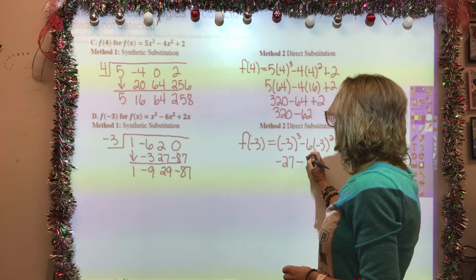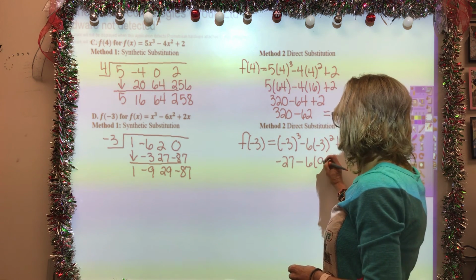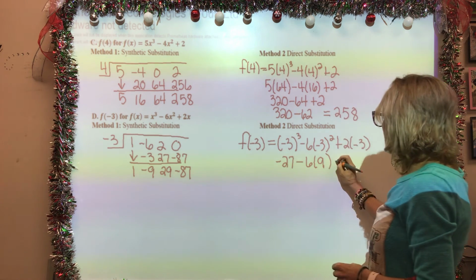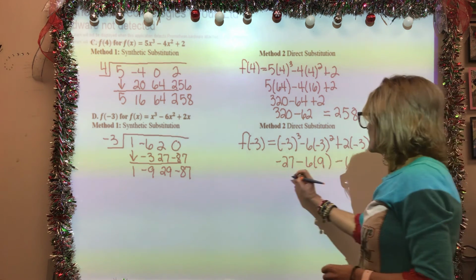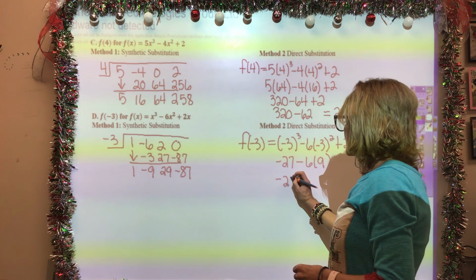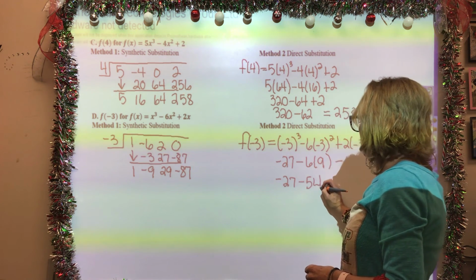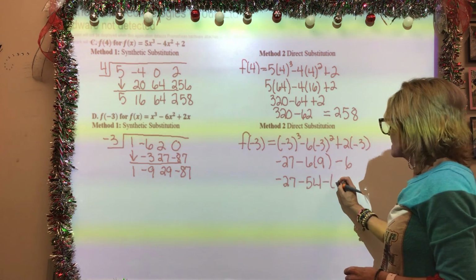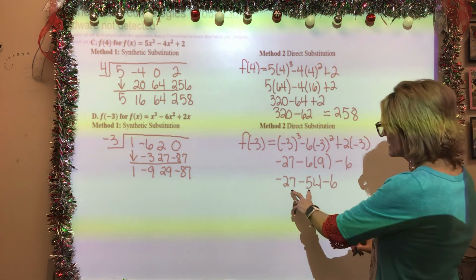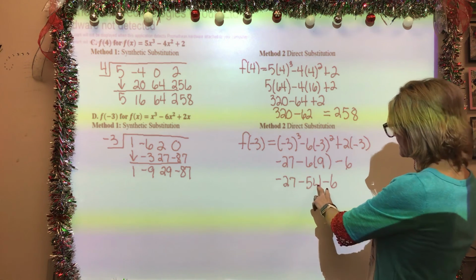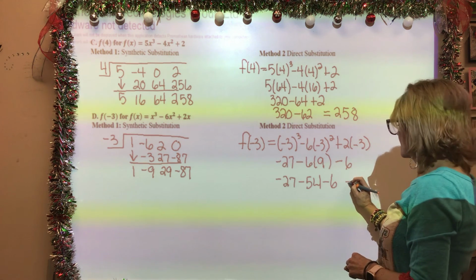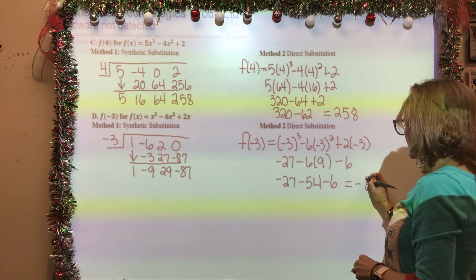Then we have minus 6 times 9. And then we have minus 6. Negative 27 minus 54 minus 6. This would be negative 81 minus 6 would also give us negative 87.